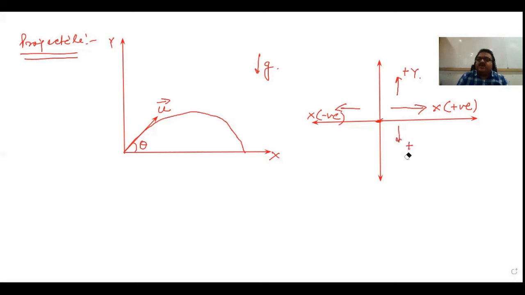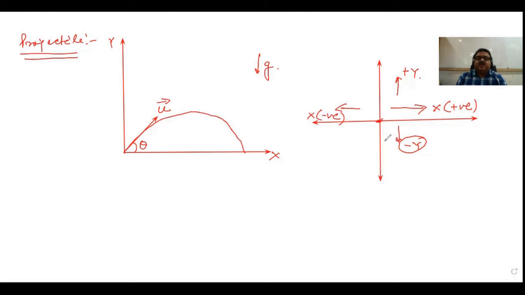Okay. But you have to keep remembering one important thing in this case, because many situations will come where we have to apply all these things together. Now, this is nothing new. It is just the Cartesian coordinate system, and I am going to apply the rules of the Cartesian coordinate system.